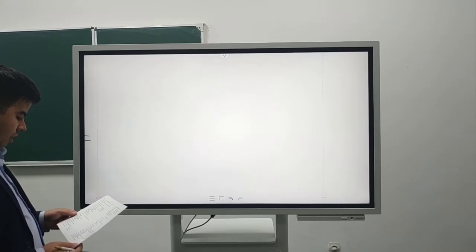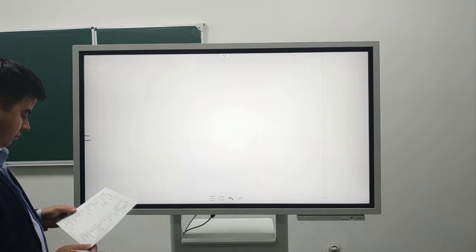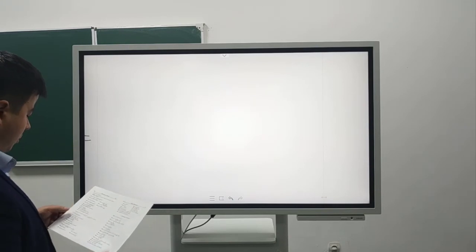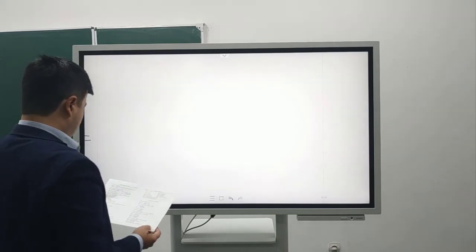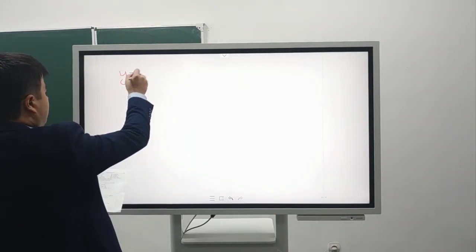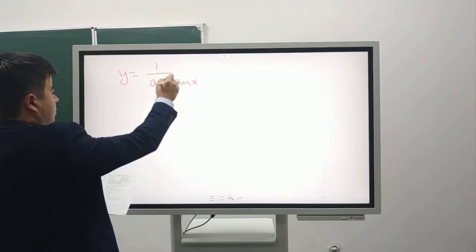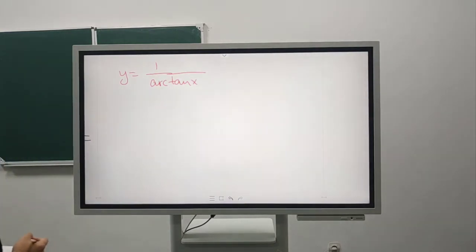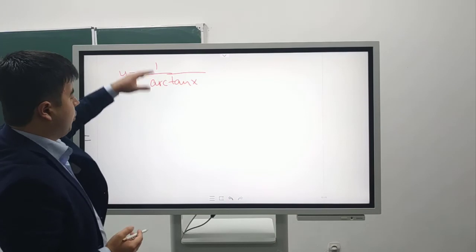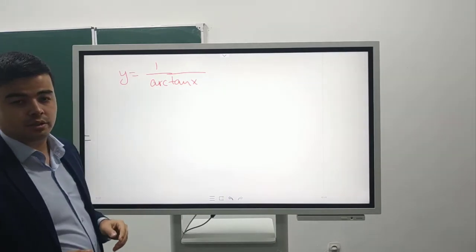For example, y equals 1 over arctangent x. So here the first function is 1 over x. The next function is arctangent x.